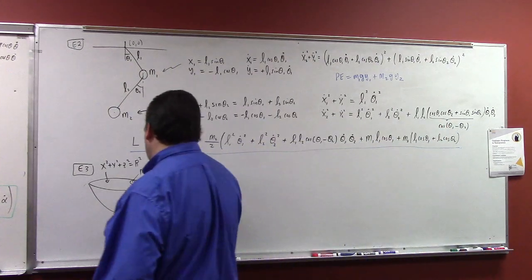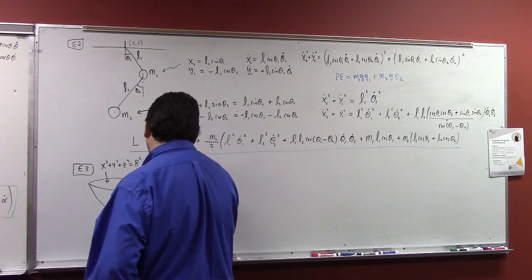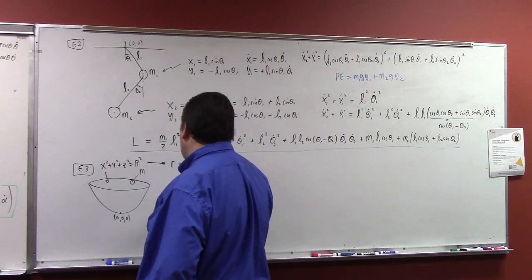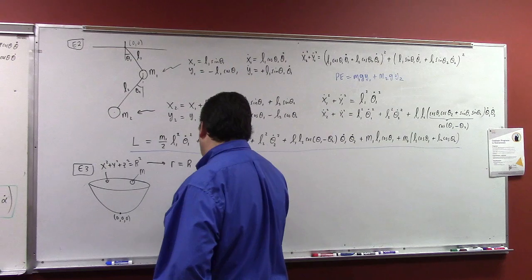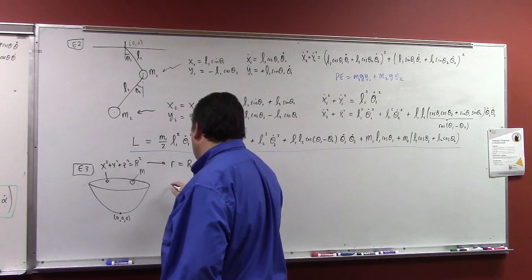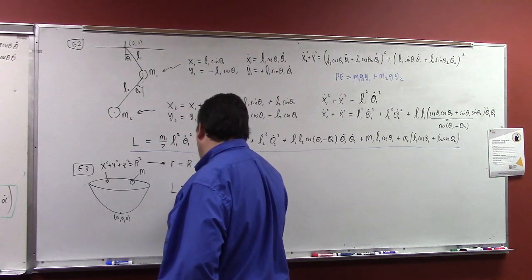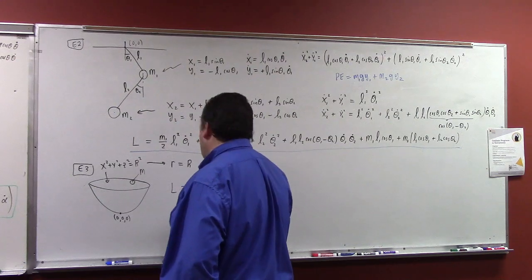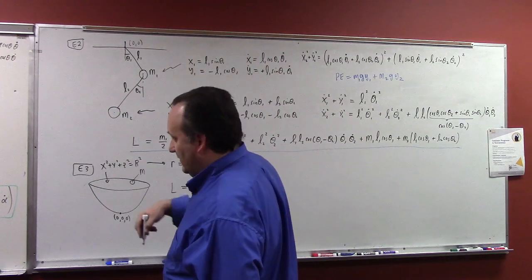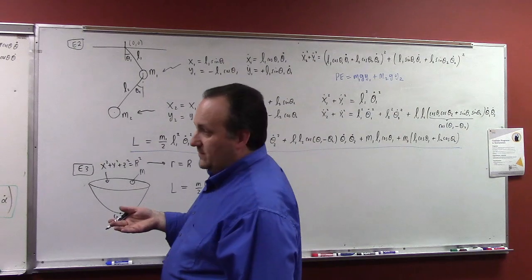All right, so in other words, this translates into just r equals R, which means that, of course, r dot is equal to 0 here. So my Lagrangian, m over 2, I just go back to my spherical one that we worked out earlier. R dot in this case is 0.